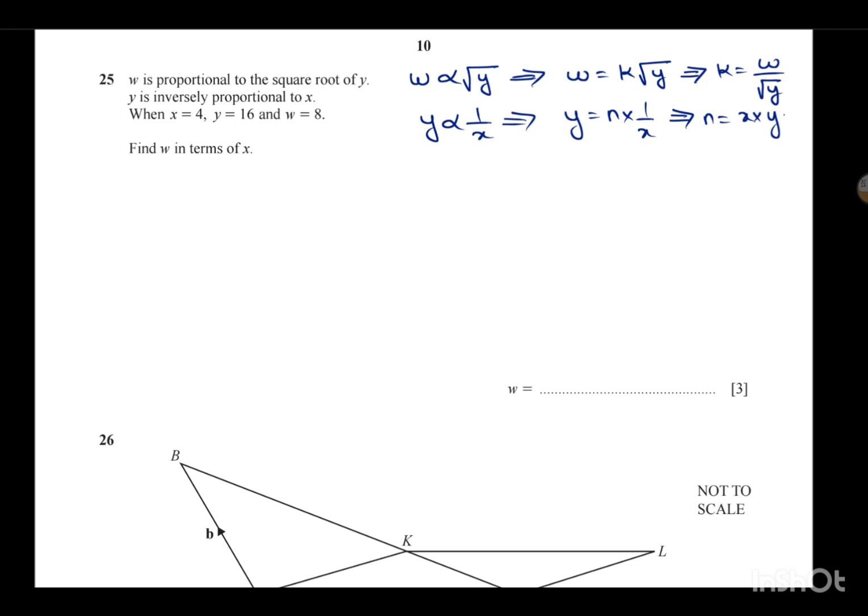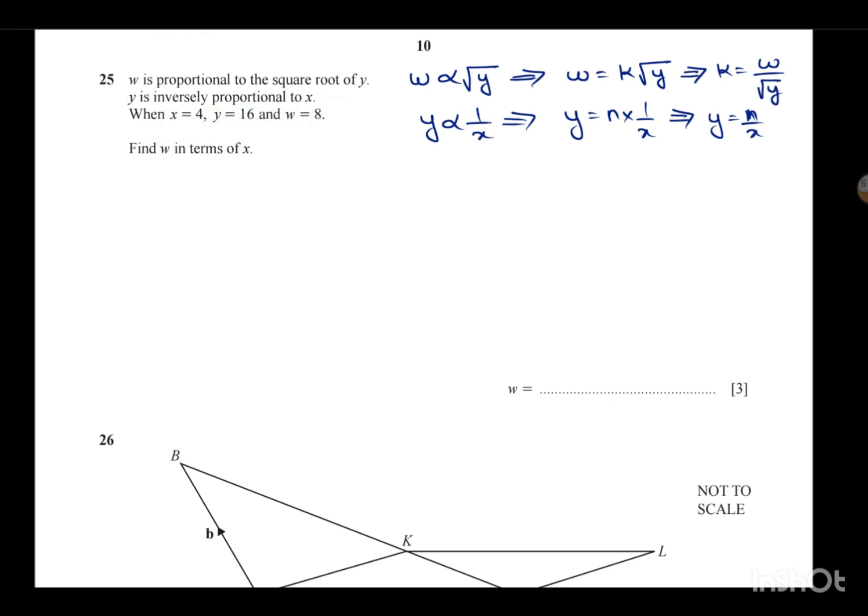Or you can take y itself as n by x, because we have to find w in terms of x. So y will be n by x.